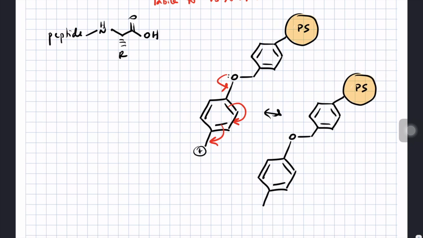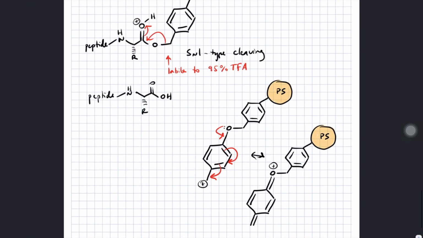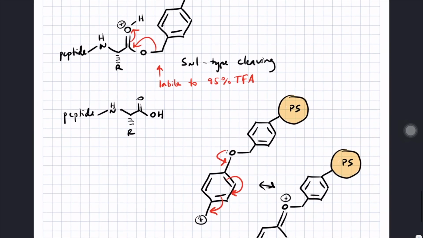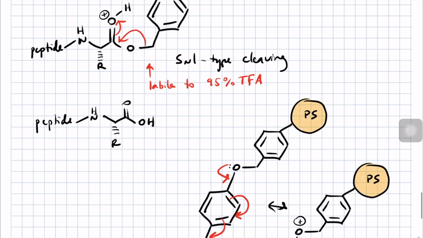So we could draw a resonance structure in which we delocalize that positive charge onto the oxygen. And that makes leaving under acidic conditions quite easy.